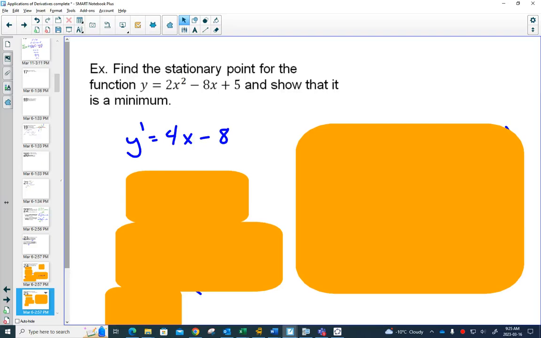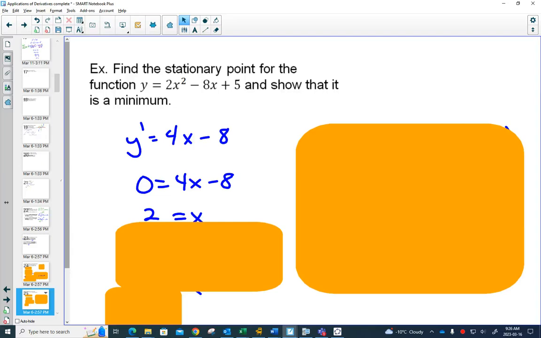And you're going to find your derivatives in this chapter way easier than your derivatives in chapter 2. We went a little crazy in chapter 2 with how complicated our derivatives were. Then for applications, we go back to easier ones. Next, set it equal to 0. X would have to be 2.